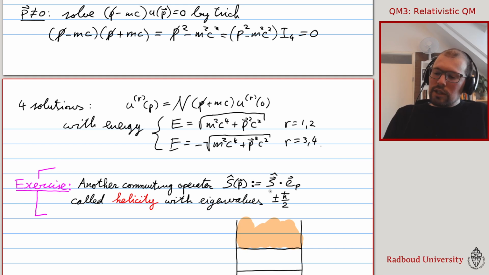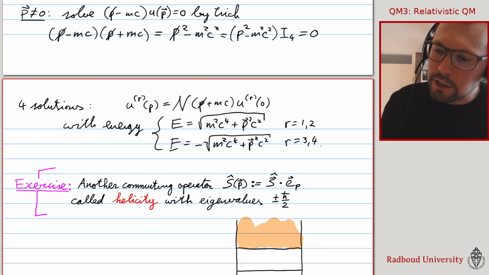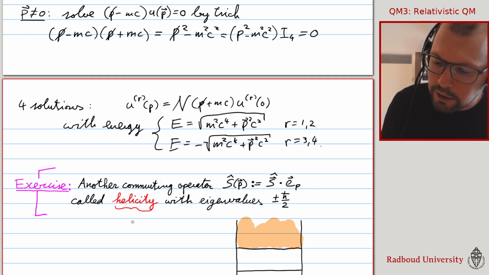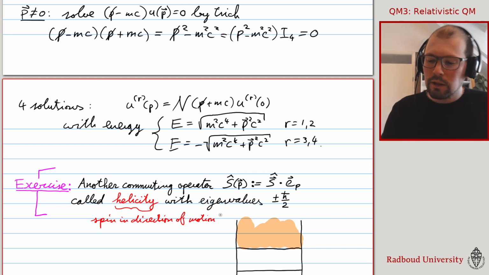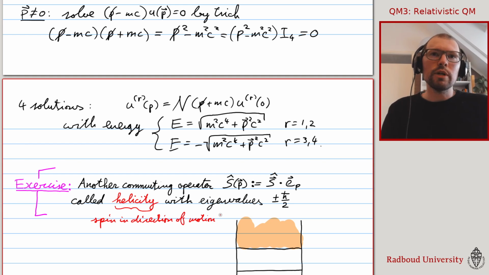Well, by definition, it is the inner product of the spin operator with the direction of the momentum. Here e_p is the unit vector pointing in the direction of p. So let me write this: helicity is the spin in direction of motion. And it takes 2 eigenvalues, plus and minus h-bar over 2.